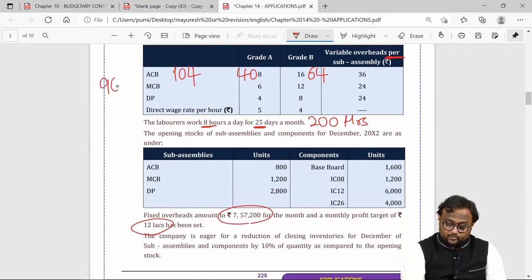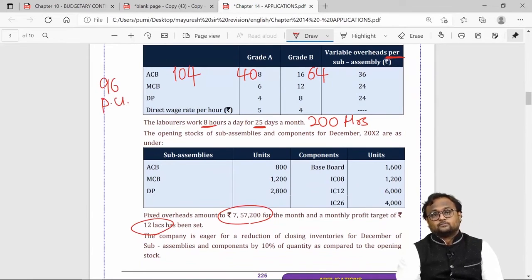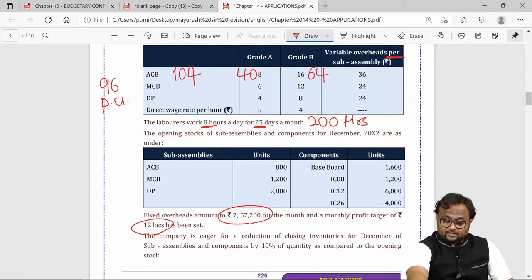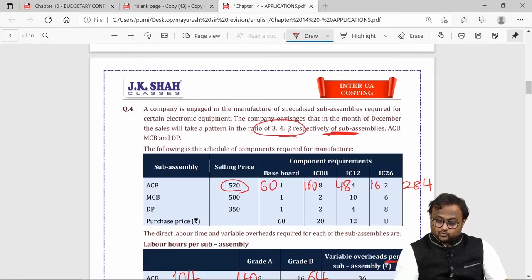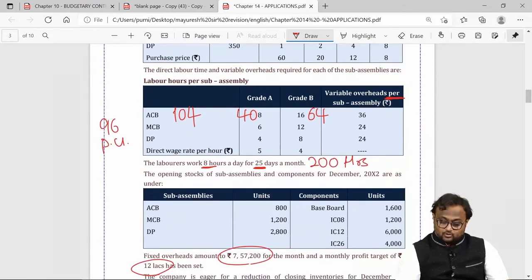So contribution per unit of ACB is 96. Similarly, you will get contribution per unit of MCB and DP, and they have clearly told you that sub-assembly will be in the ratio 3:4:2.